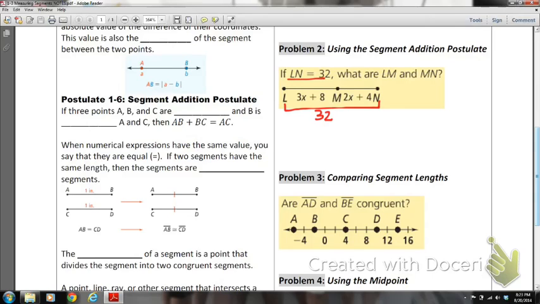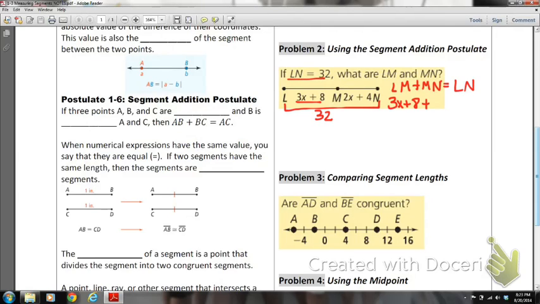So according to the segment addition postulate, we have the length of segment LM plus the length of segment MN is going to be equal to the longer segment, which is LN. Now we can substitute values into this. The length of LM on the diagram is 3x plus 8.